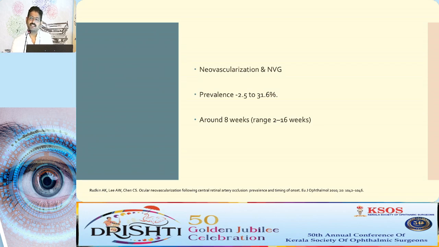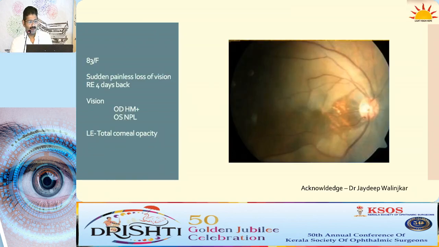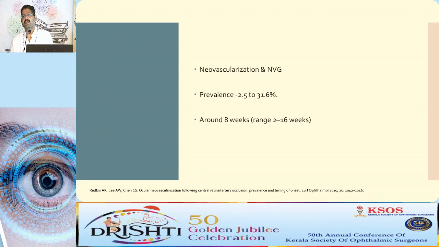Unlike a case of CRVO, where the chance of neovascularization is very high, in CRAO the chance of NVG happening is very less. So ideally, up to 4 months, you should be looking for the development of any neovascularization in such cases.